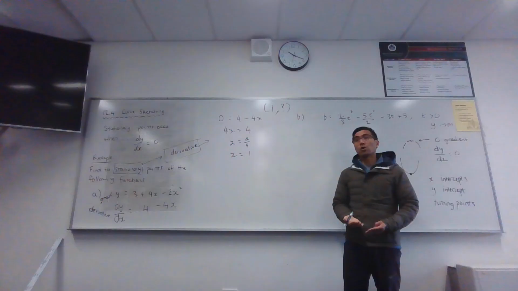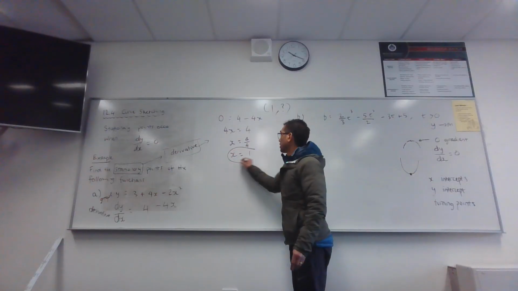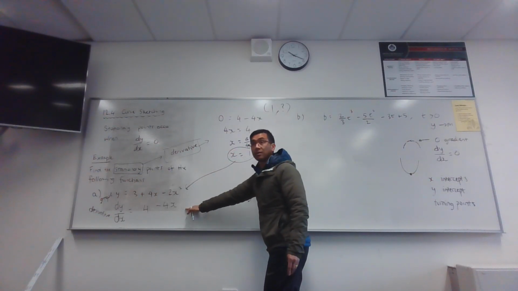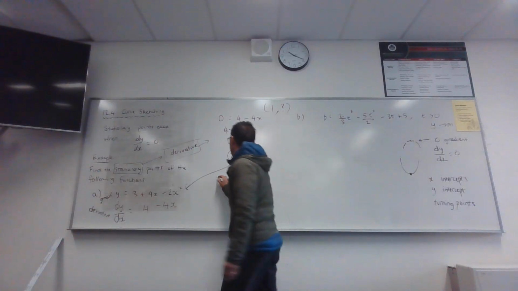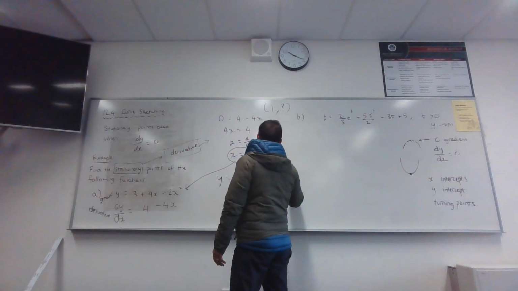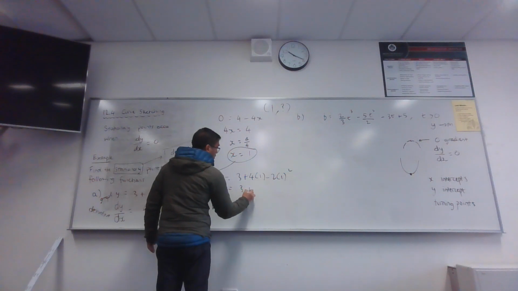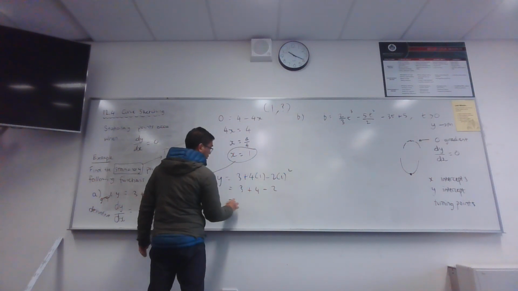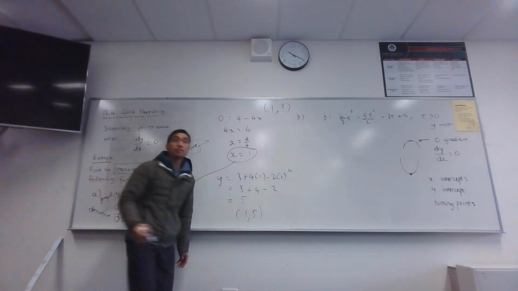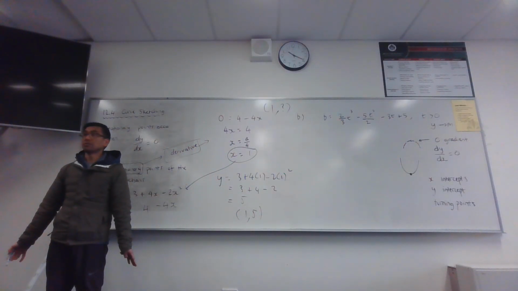How am I going to find my y? Jesse? Excellent. This will go into here to find coordinates. Do not put it back into here. That makes no sense. Just straight sub. Hope that's all right. So we have a turning point at 1, 5, and we're done.